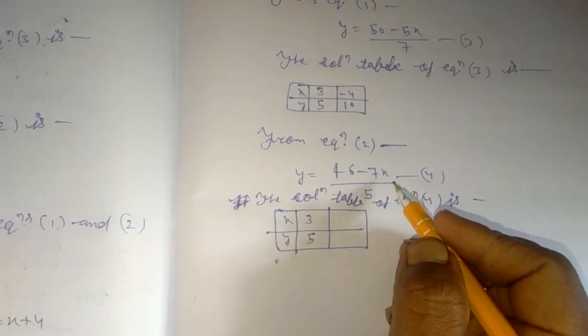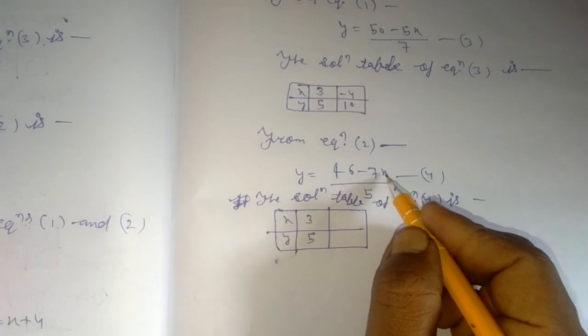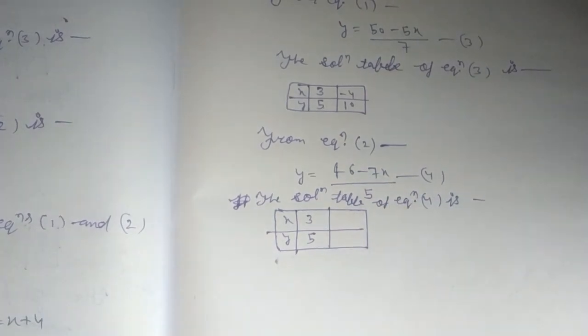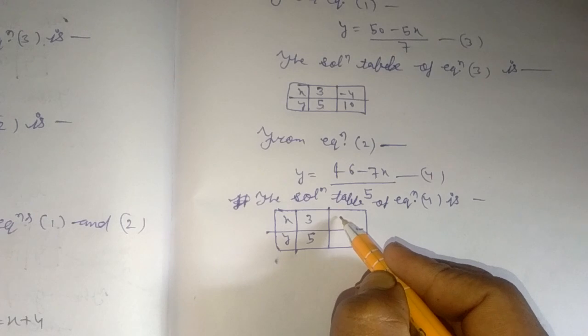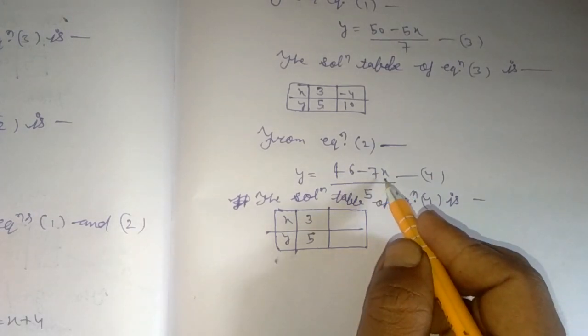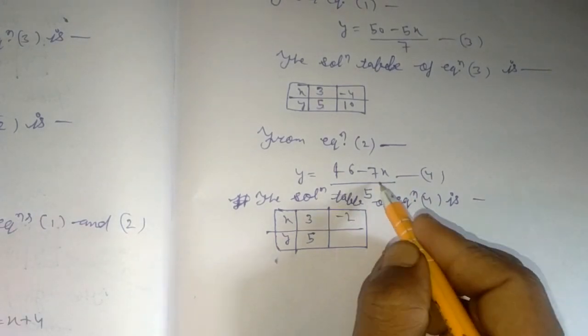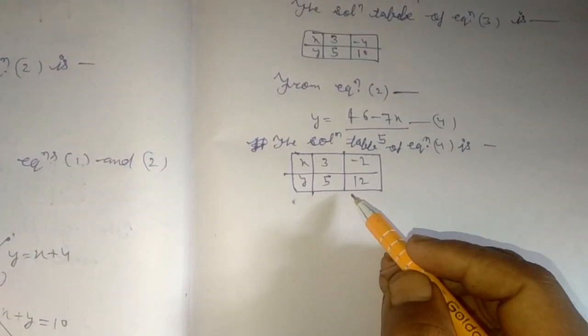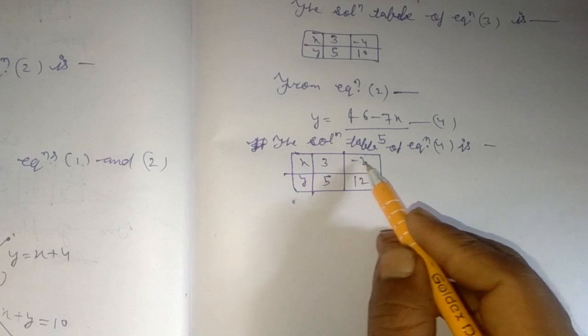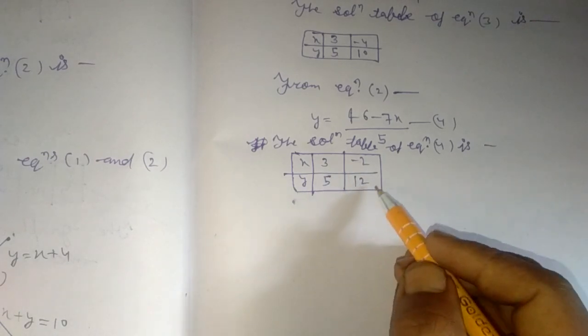X is equal to -2, 7 2s is 14, 46 plus 14 will be 60, so you will get 60 upon 5 is 12. When we put x is equal to -2, we get y is equal to 12.